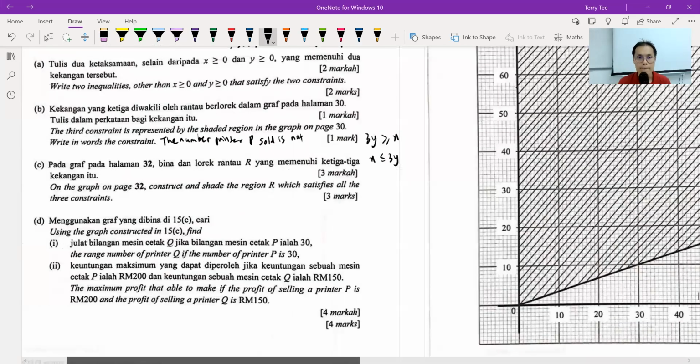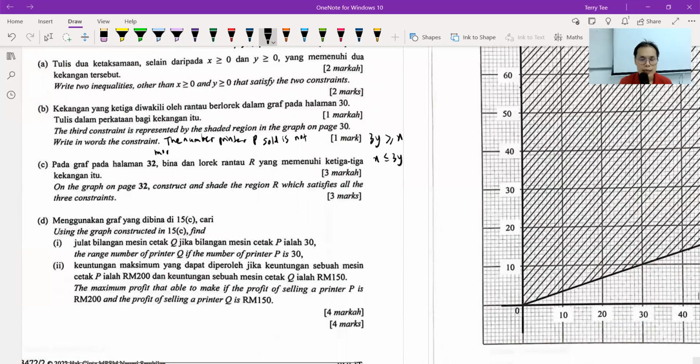So the number of printer P sold is not more than 3 times the number of printer Q. Okay, right.